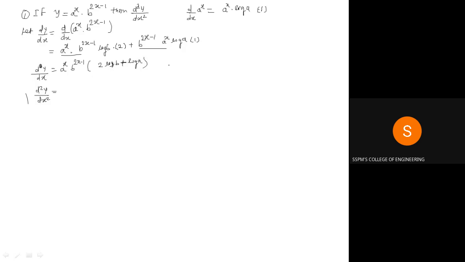So we can simplify by using the logarithmic law. And how do you simplify? Yes, a raised to x into b raised to 2x minus 1. And what is the third law? 2 log b means what? Log of b square.